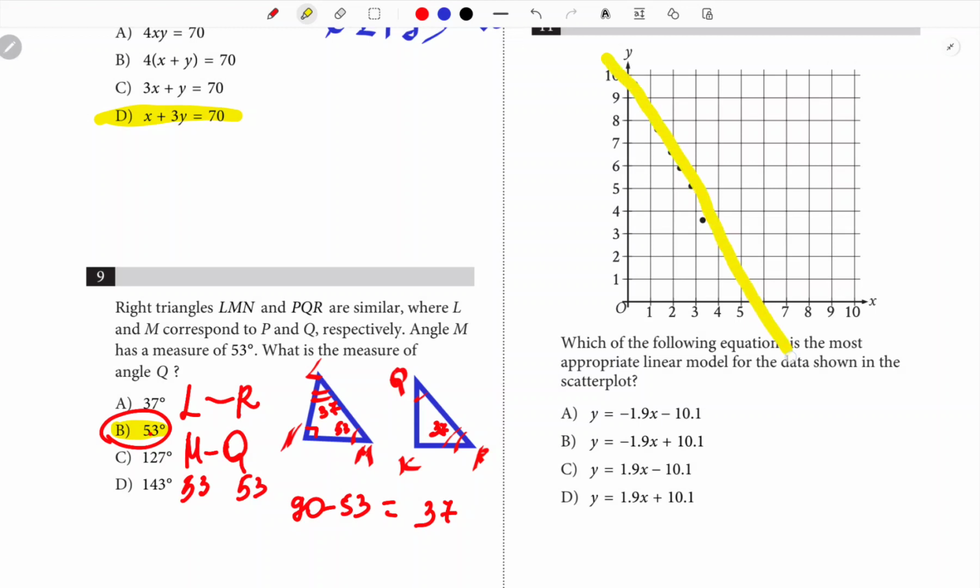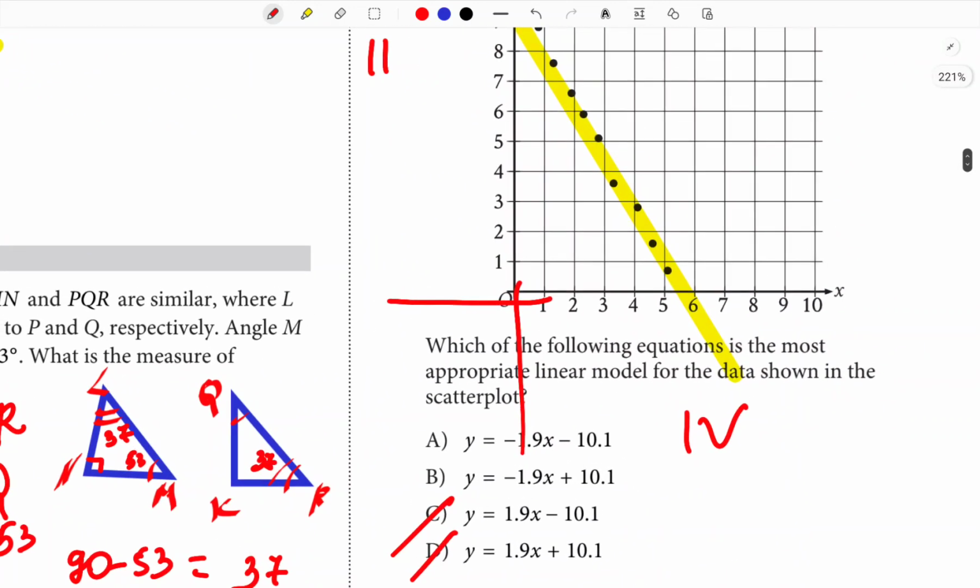If you see your graph like this, it means this is 2 and 4. It means that your slope must be negative. So options C and D can never be right. And which one must I choose, A or B?